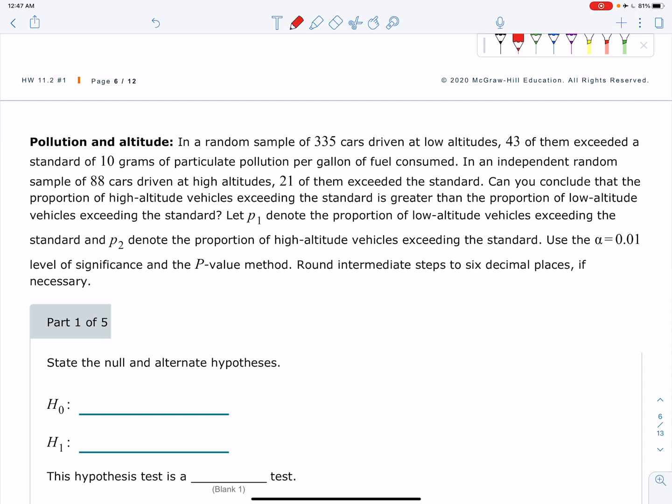So here's the tricky part. We're going to start as we normally do. This problem is defining P sub 1 for us, so we'll go with that. It says let P sub 1 denote the proportion of low altitude.